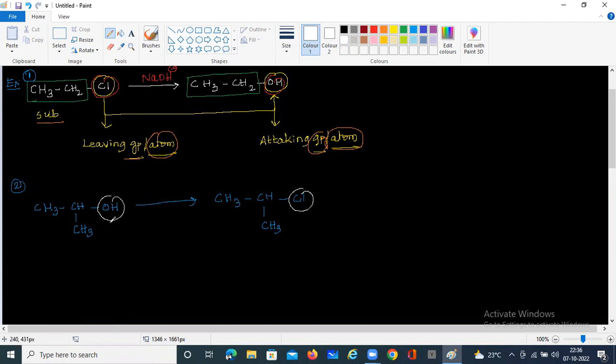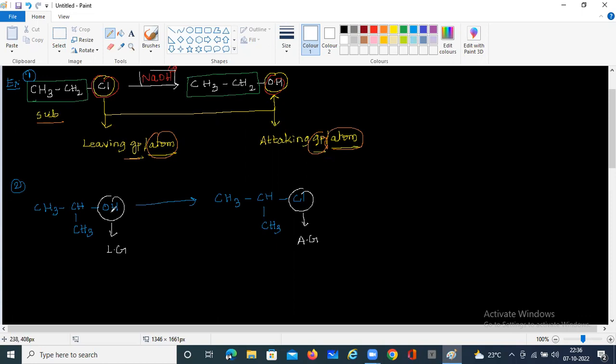So that means here the OH group is said to be the leaving group. Now the chlorine atom here is said to be the attacking group or atom, whatever it may be. If the OH group is to be replaced by the chlorine atom, what type of reagent is going to be applied?